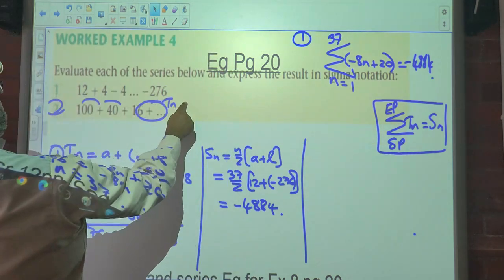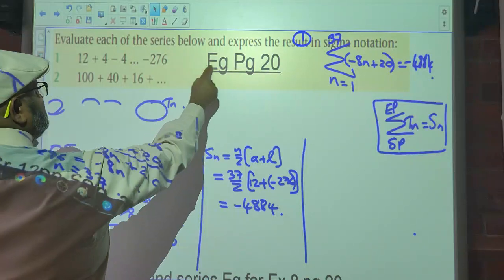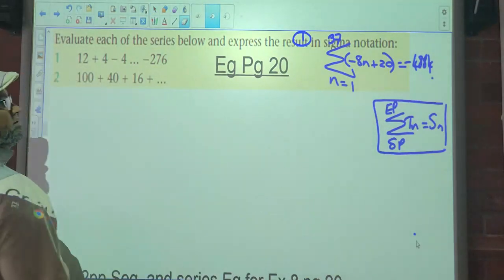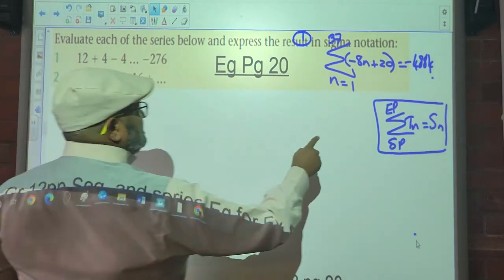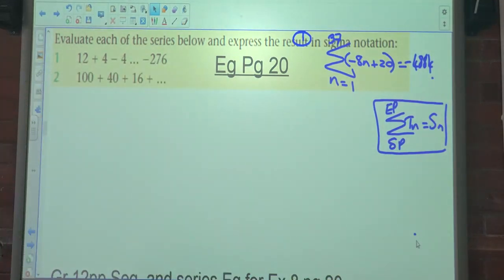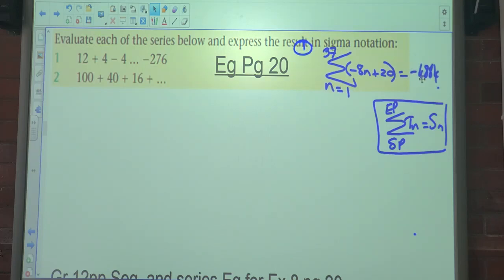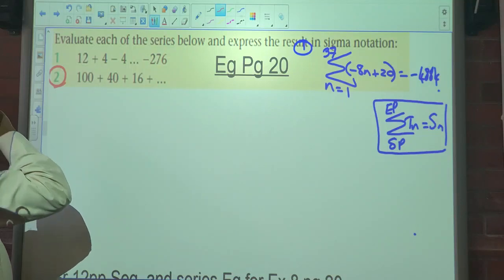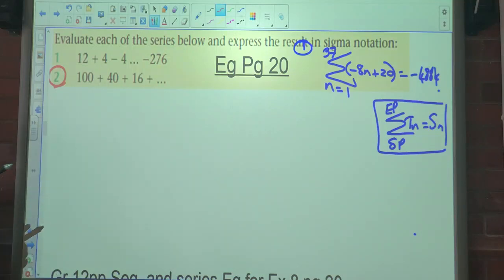Let's look at number 2. For number 2, we got 100, 40, 16. So how do I move from one term to the next?